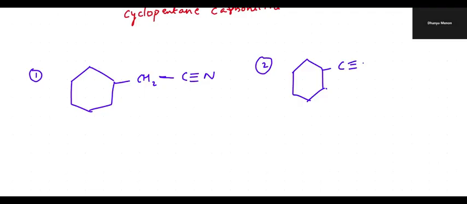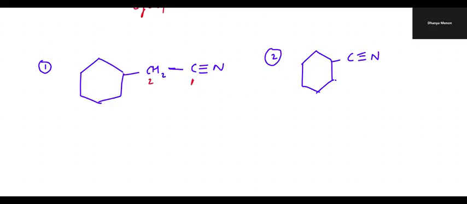In the first question, you can see here we number this carbon 1, 2. This is the main chain because this is a functional group. So the chain that has the functional group is given as the main chain.